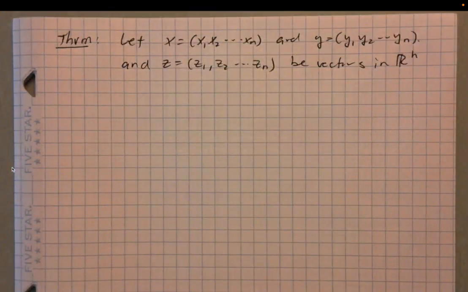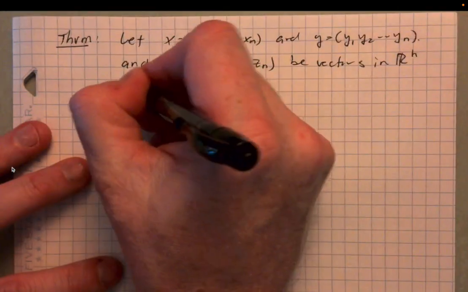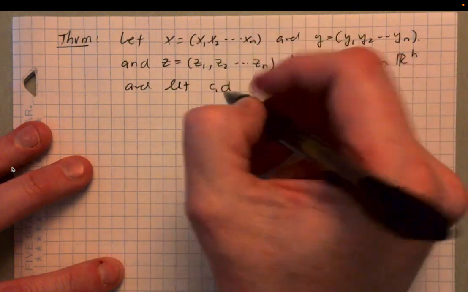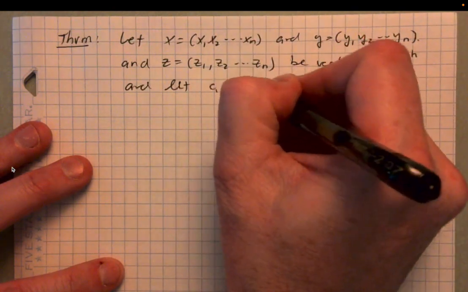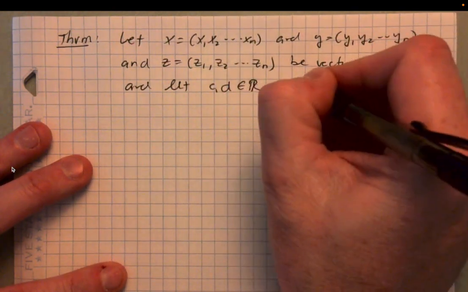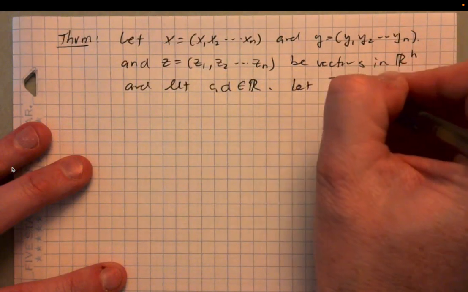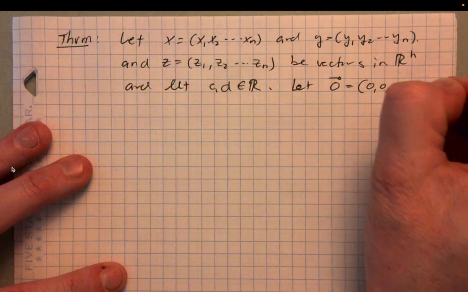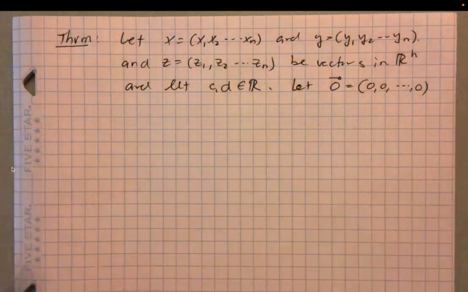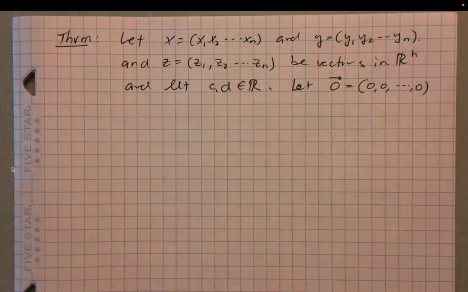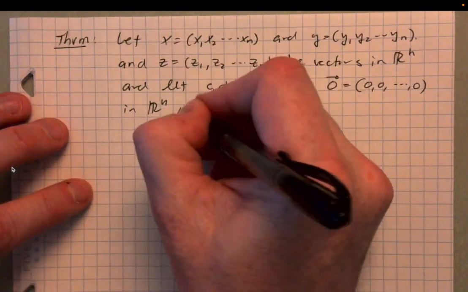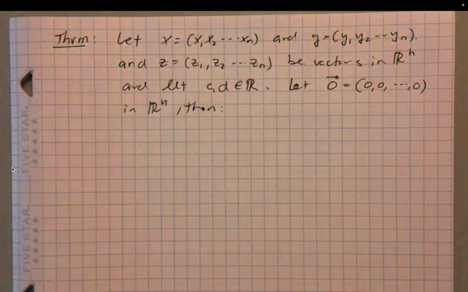So real valued n vectors, and let c and d be scalars, so real numbers. Let's let the 0 vector equal the vector that has n entries, all of which are 0 in Rn. Then, what do we have? Well, we've got about 8 items to look at.